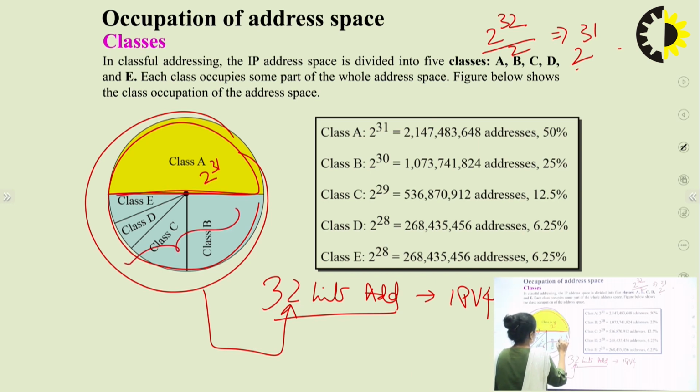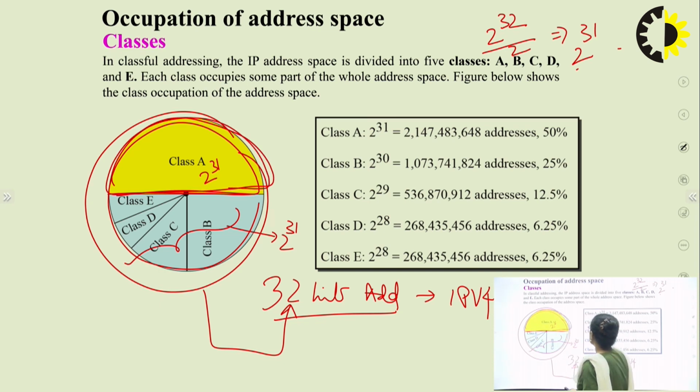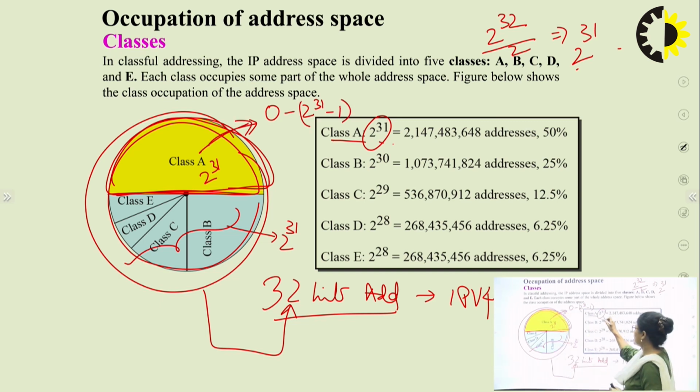So, this part, which consists of 2 to the power 31 addresses, the first 2 to the power 31, that means from 0 to 2 to the power 31 minus 1 range, falls under class A. So, class A includes the first 2 to the power 31 values out of 2 to the power 32 values.